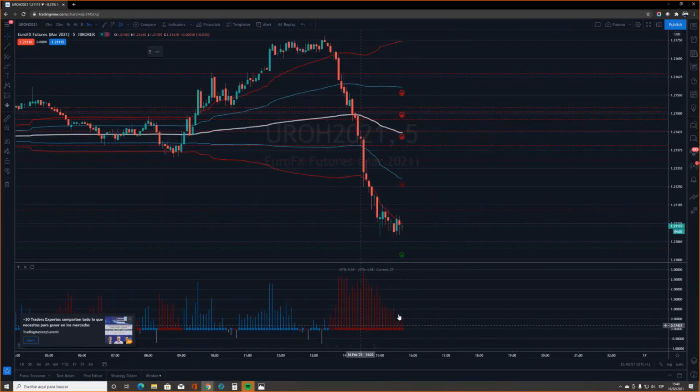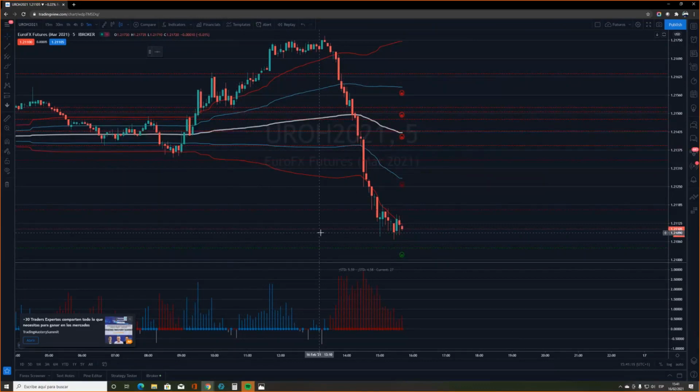So it's a confirmed downtrend. When it's blue, it's an uptrend, and when these dots are bigger than the smaller ones, it means it's confirmed. So it helps you determine the direction you may want to trade.